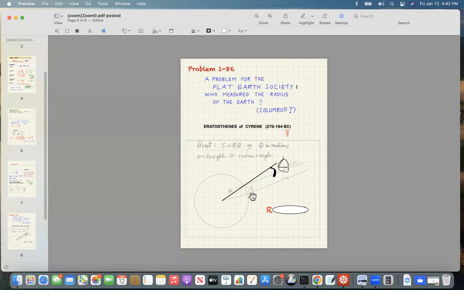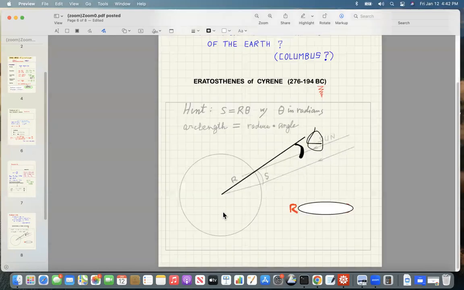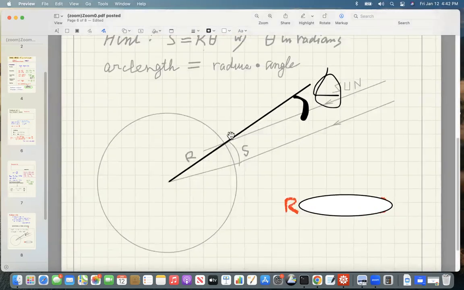He also knew how far he walked. So he measured how far it is from Cyrene to Alexandria, and that's a few hundred miles. Now, if you look at the geometry of this drawing, this angle is the very same as this angle.